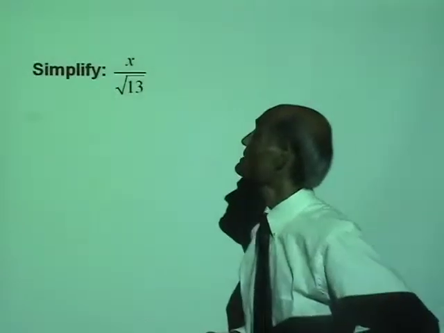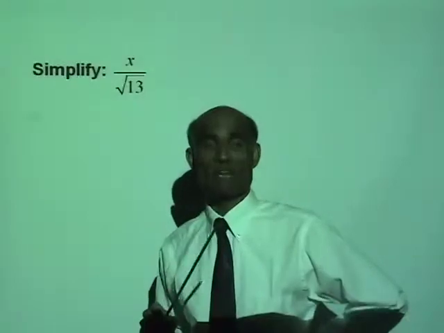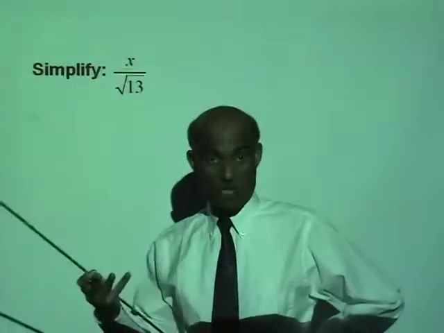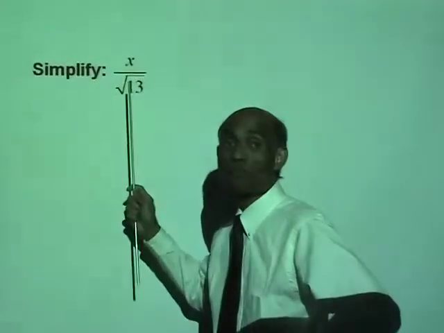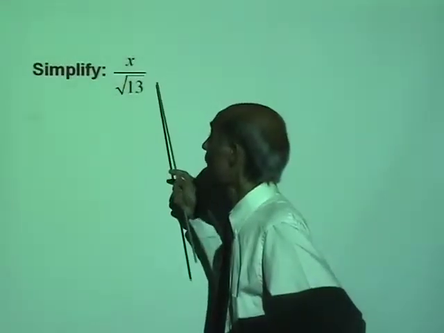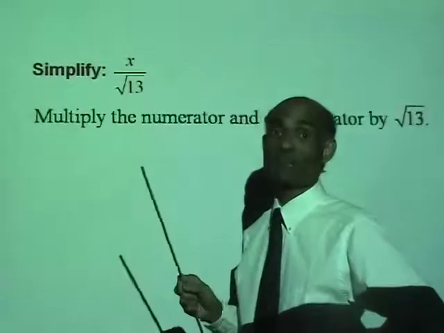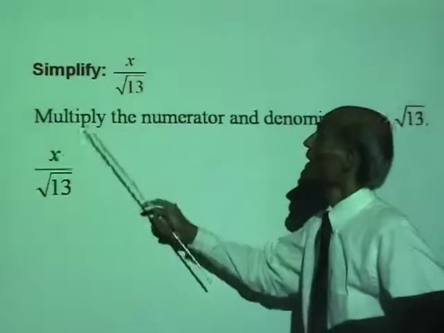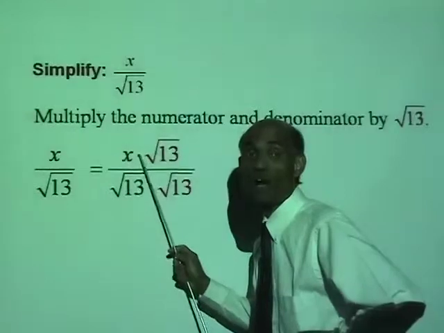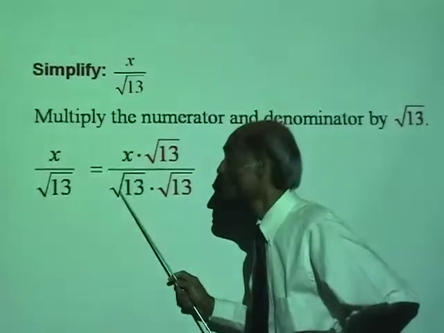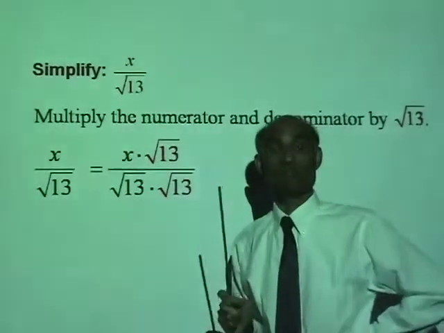Another one. Simplify x divided by square root 13. The same process. Rationalize the denominator by multiplying the numerator and denominator by square root 13. That's right. So x divided by square root 13 now becomes x times square root 13 divided by square root 13 times square root 13.